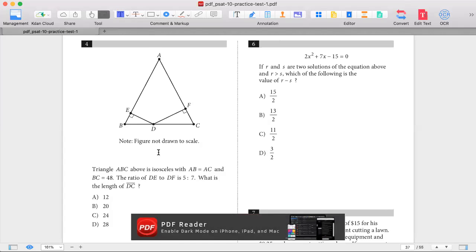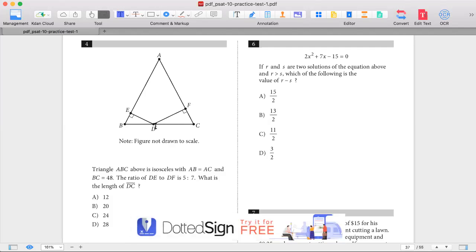The ratio of DE to DF is equal to 5 to 7. What is the length of DC? I want to know the length of DC.